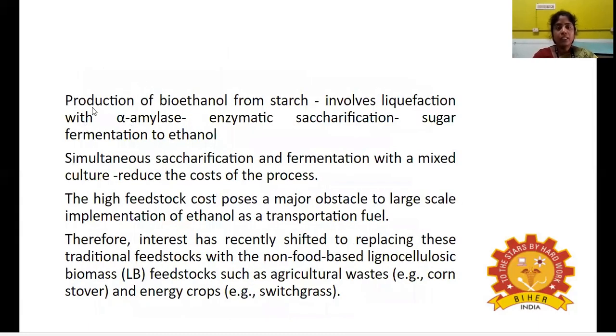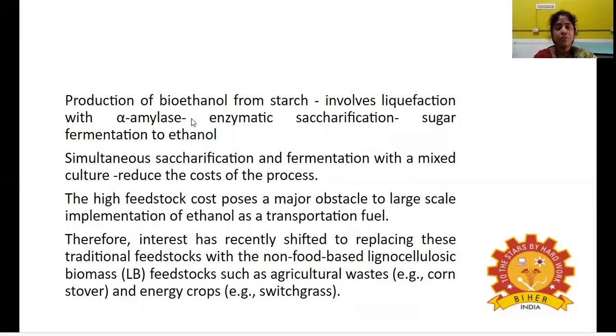So here, for the production of bioethanol from starch, it needs an alpha amylase enzyme. Since amylase enzyme is said to be costly, the enzymatic saccharification for converting the sugar into ethanol can take place. Similarly, the saccharification and fermentation can be done with the mixed culture, which reduces the cost.